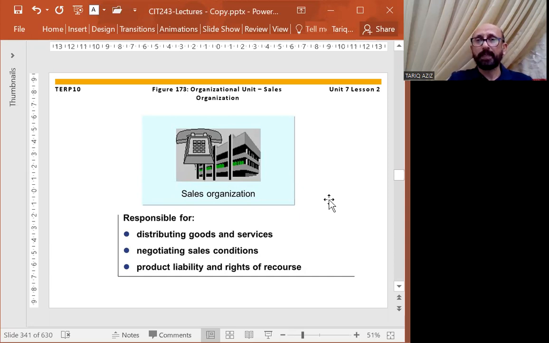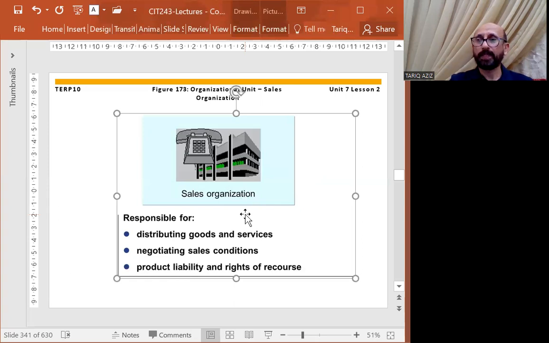Similarly, for example, I'm teaching now, so I will create a sales order. You can say that Makkah Foundation is going to create a sales order to buy my services. So this is the job of the sales organization. Any question here, guys?